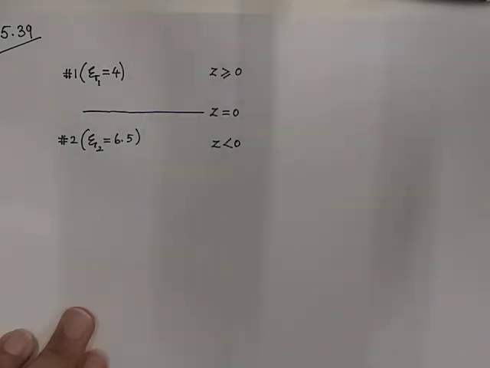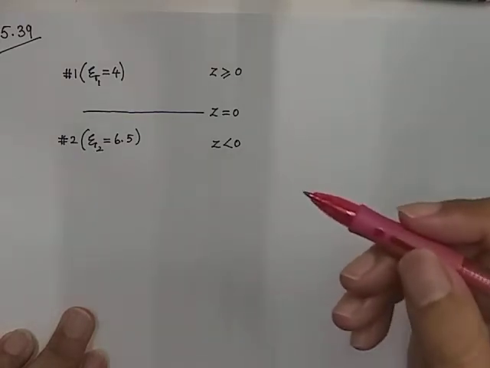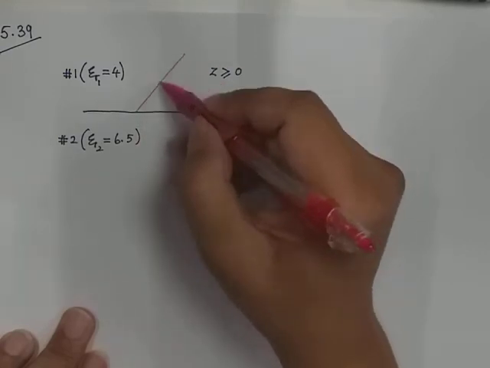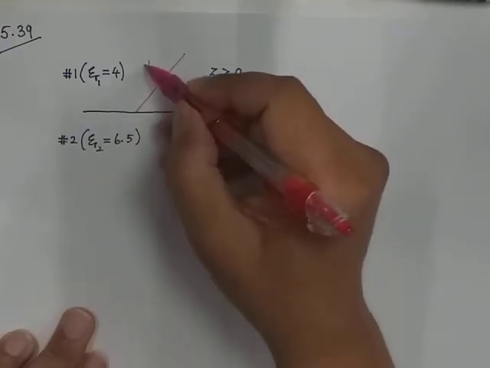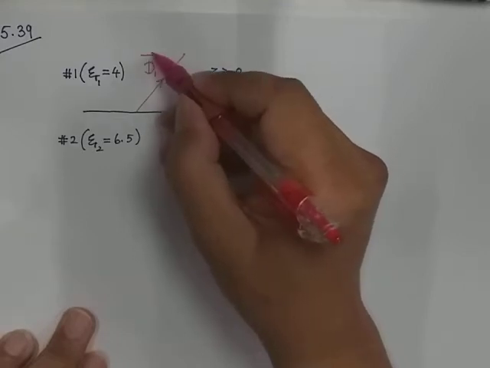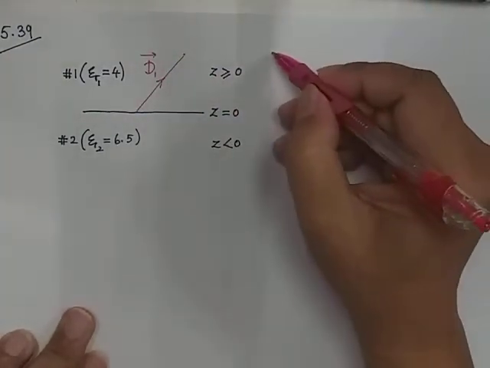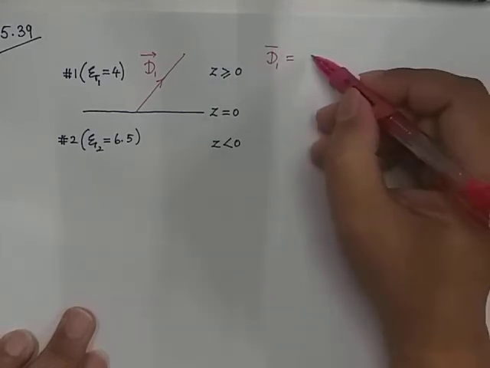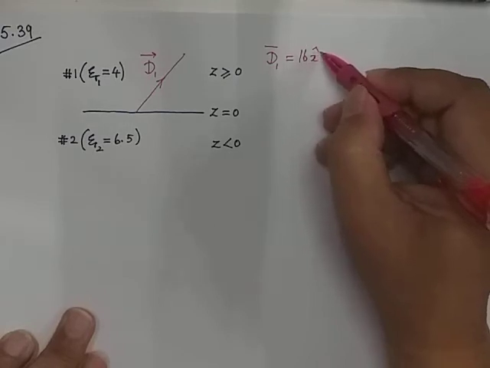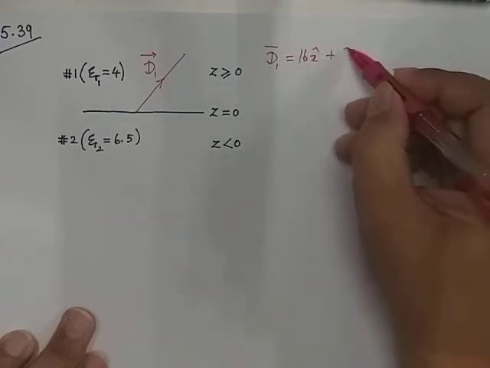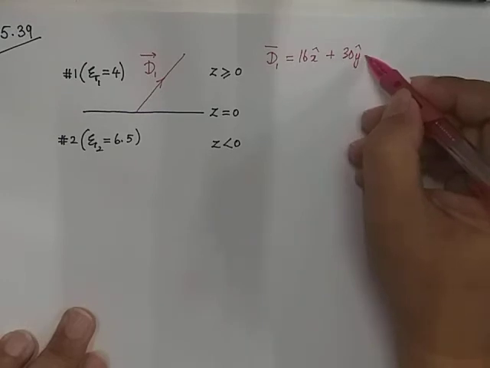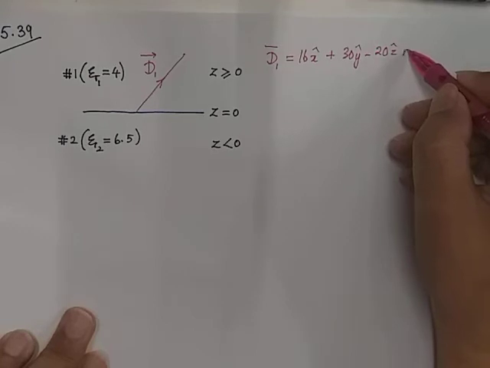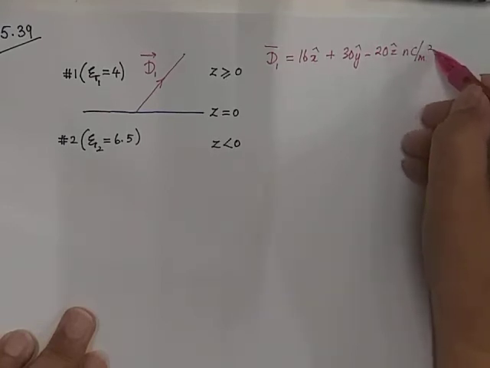Given by the question again, D is located in which region? Good, in region number 1. So the D given by the question is D in region number 1, where D1 is equal to 16x plus 30y minus 20z, unit-wise nanocoulomb per meter squared.